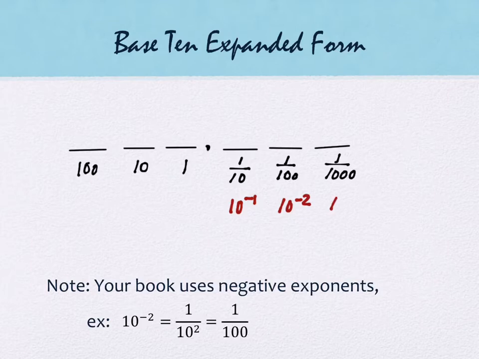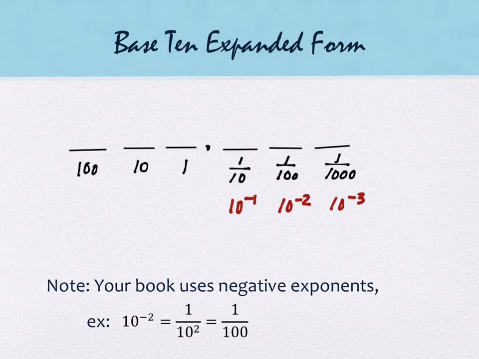And 1 over 1,000 it writes as 10 to the negative 3. And it is mathematically correct. There's nothing wrong with it. I just think that it makes it more abstract, and you're actually losing the whole point of what you're trying to do, which is to identify how things are by their place value in fractional form, especially because we just did this chapter on fractions. So what you're going to see in the back of the book, if you look at the problems that we do next, might not look like what I have written down, and I'm okay with that.